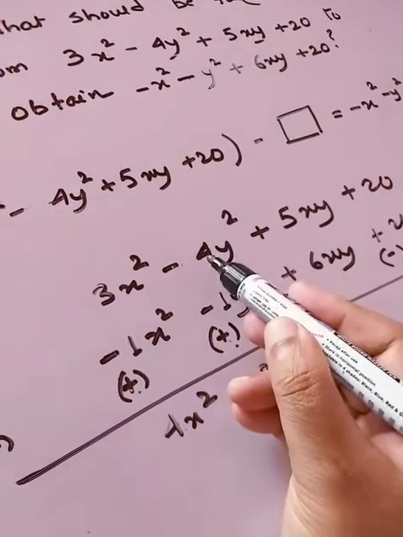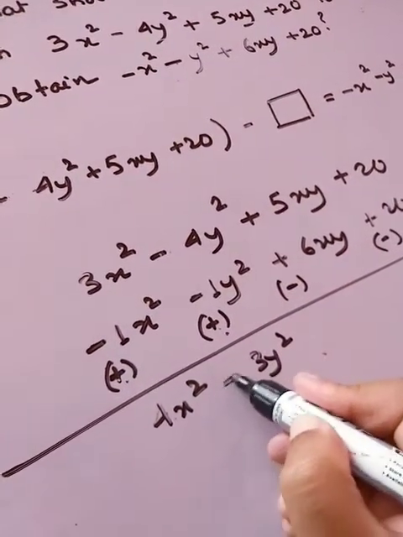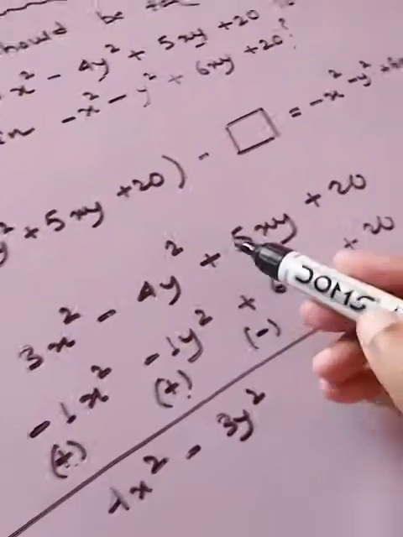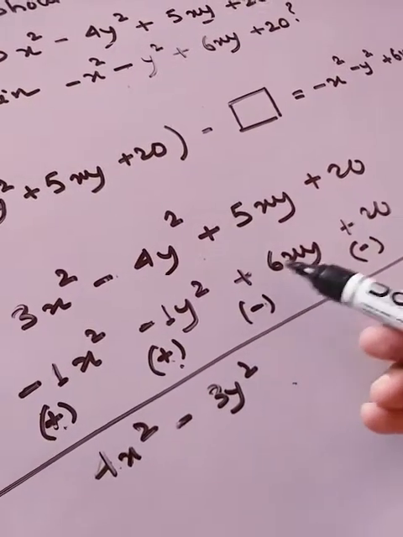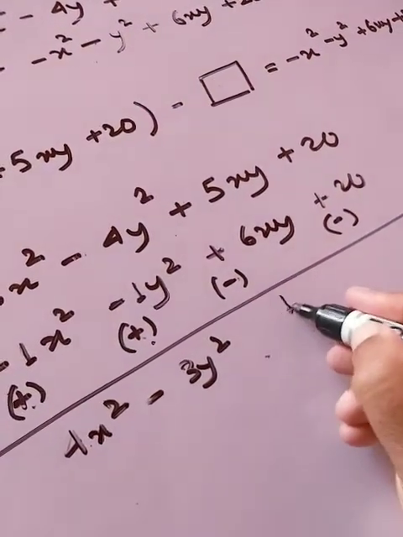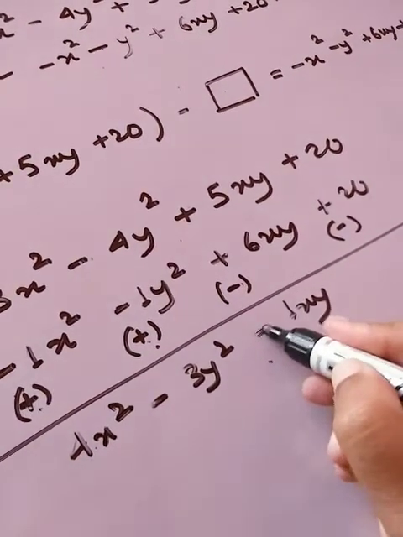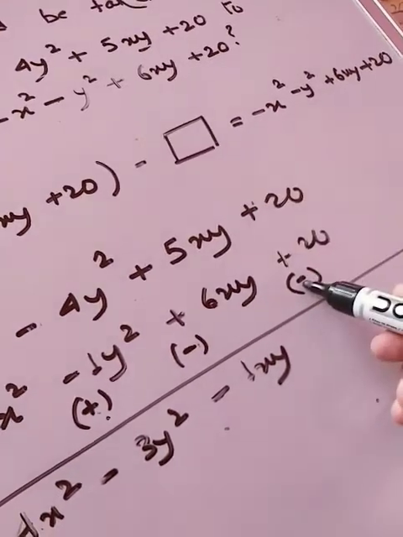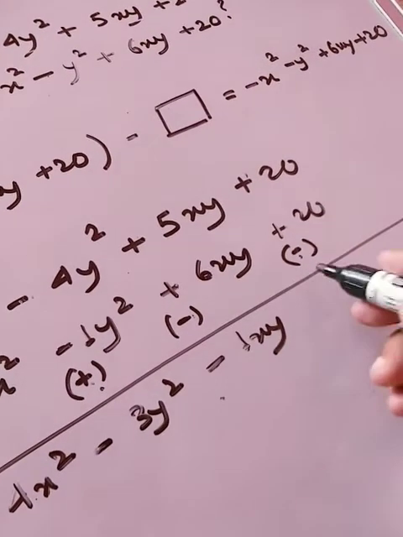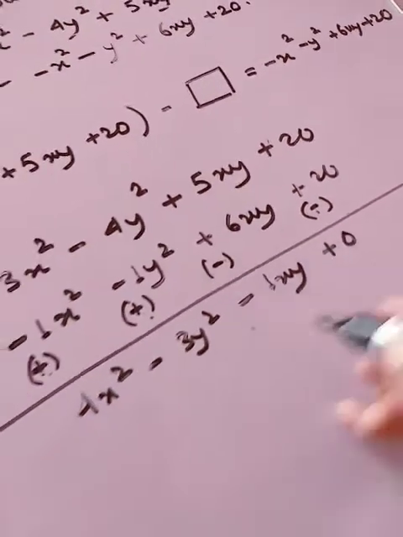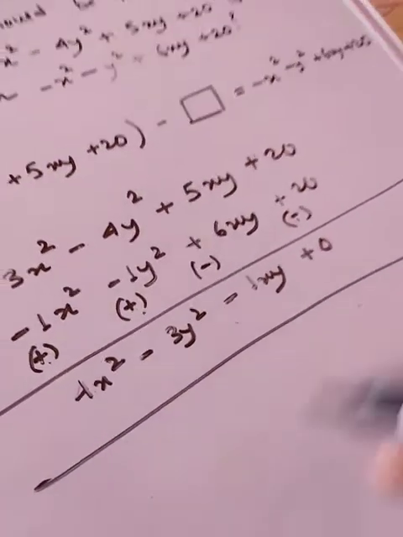Which number is greater? 4. 4 is getting what sign? Minus. So we'll put minus 3y². Now again, plus minus is minus, 6 minus 5 is 1. Which number is greater? 6. 6 is getting minus, so we'll put minus xy. Plus minus is minus, 20 minus 20 is 0. So we'll write 0. This is your final answer.